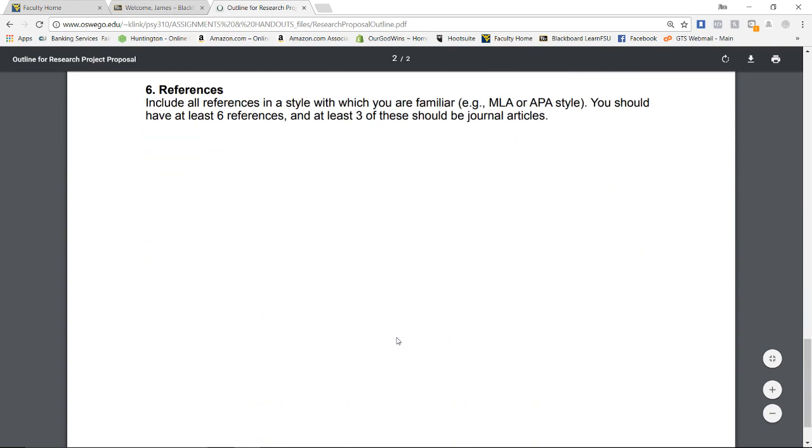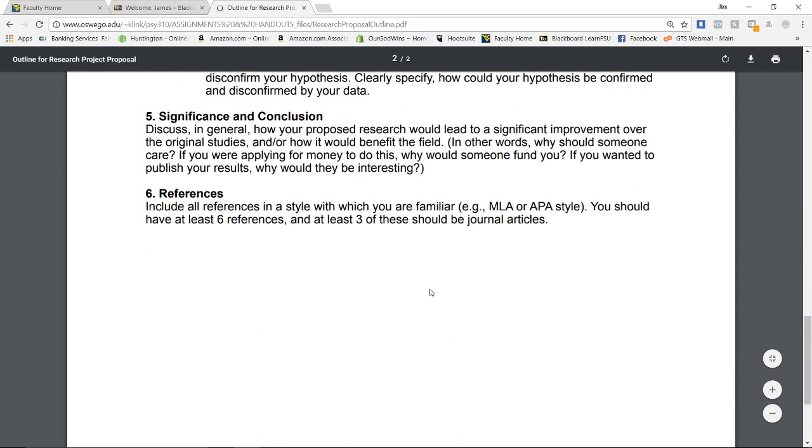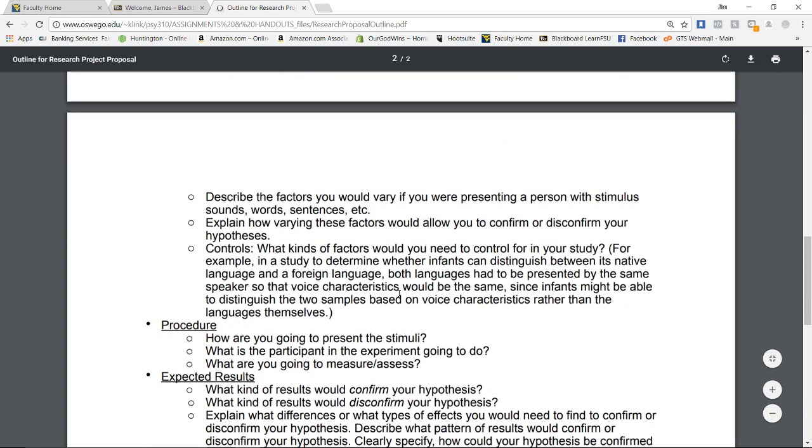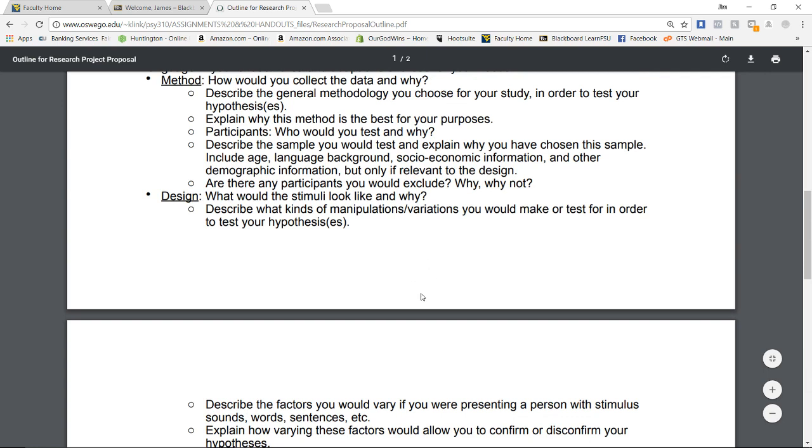So hopefully this will help you to understand this. Just remember that you can do some research of your own. Do some outlines or some searching.